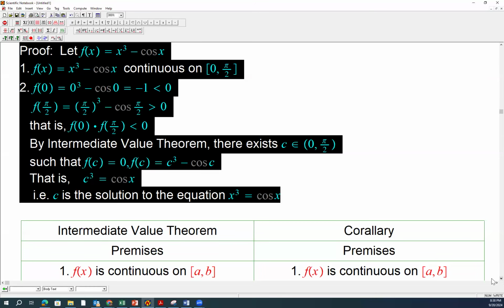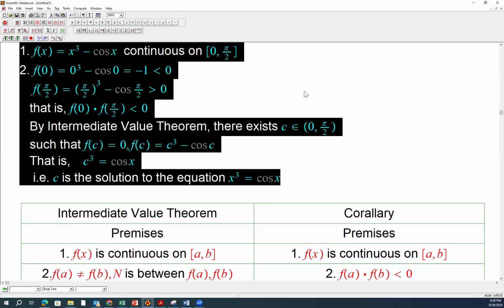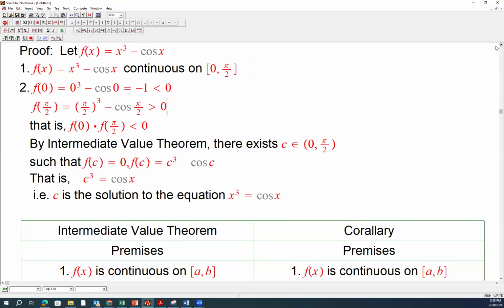Your reader sees clearly you have introduced a function explicitly, and you affirm the continuity of the function on a closed interval, which is required by the application of this intermediate value theorem. And you also demonstrated that all the conditions are satisfied by the intermediate value theorem or its corollary.